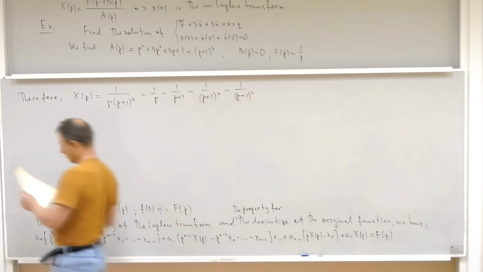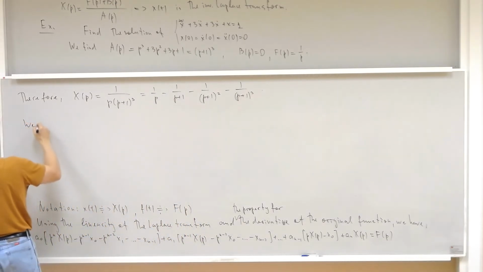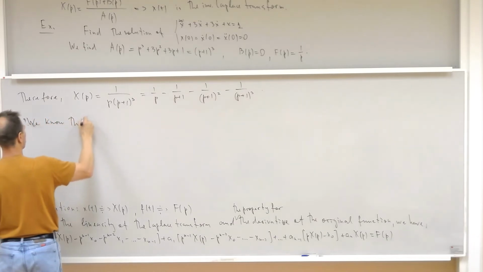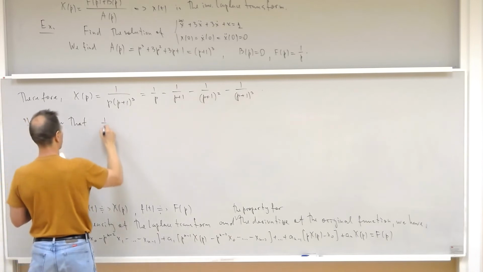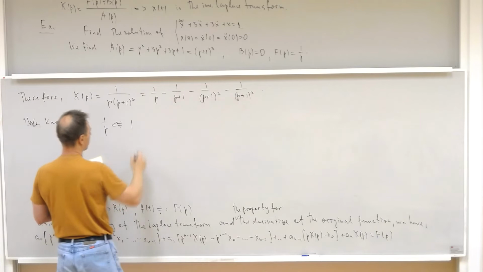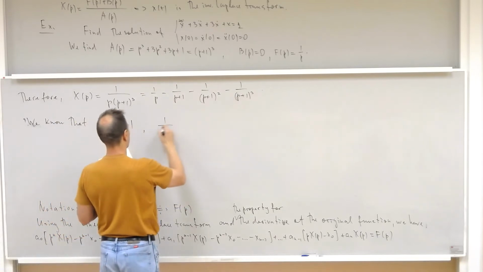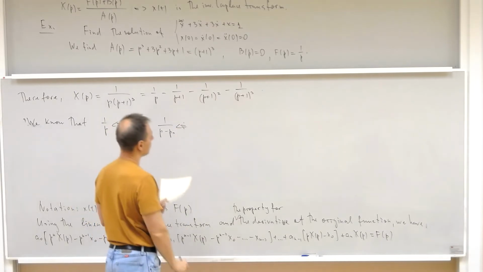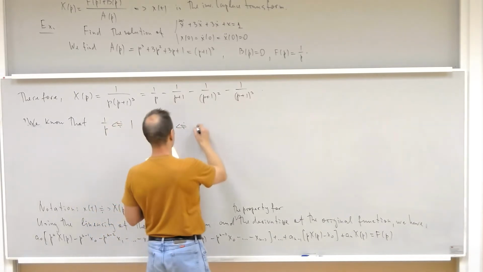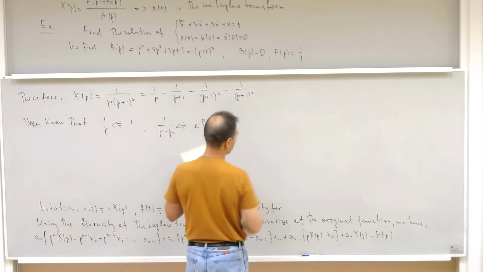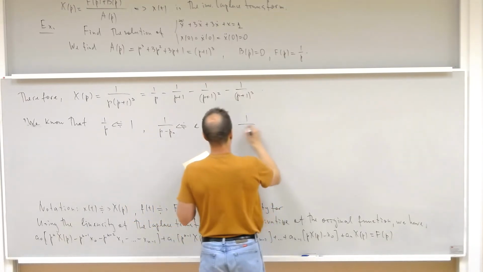We know that the Laplace transform of unity is 1 over p, and 1 over p minus p0 is the Laplace transform of the exponent, by such a theorem.